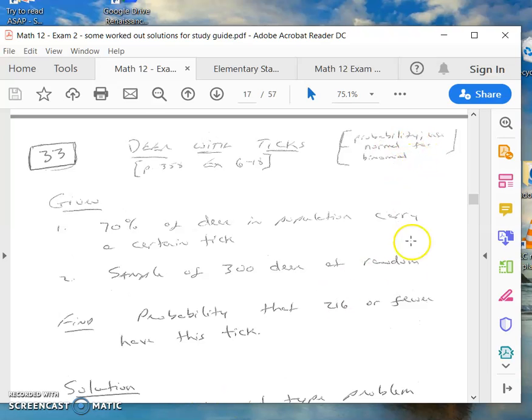And up here was kind of for my own benefit: it's a probability problem. We're going to use the normal distribution as an approximation for the binomial distribution.